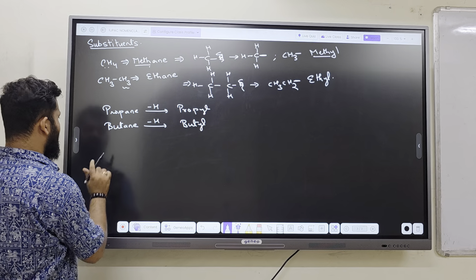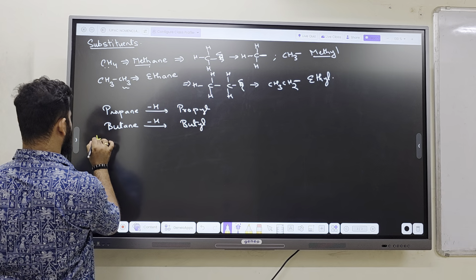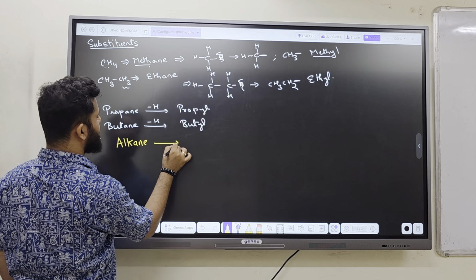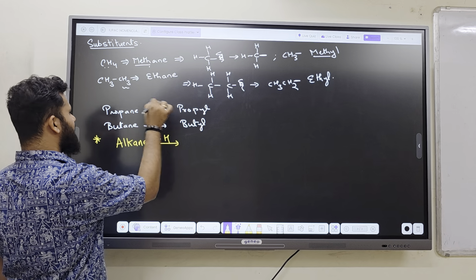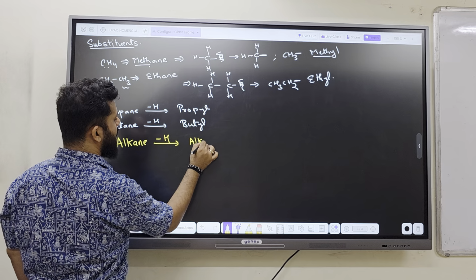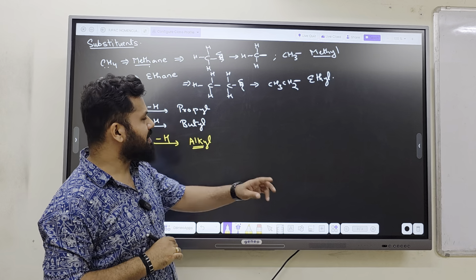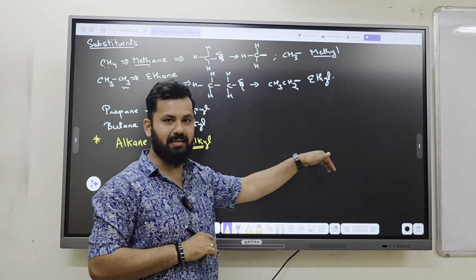In general, we can say that from alkane, if I remove one hydrogen, methane gives methyl, propane gives propyl, alkane gives alkyl.